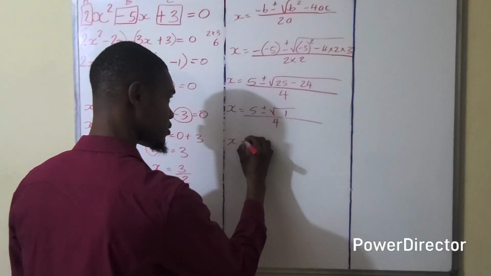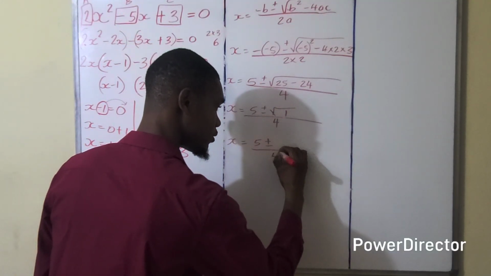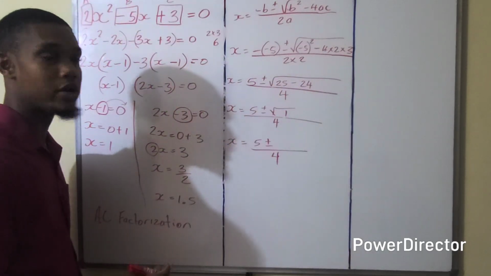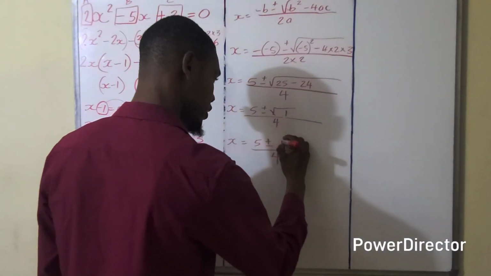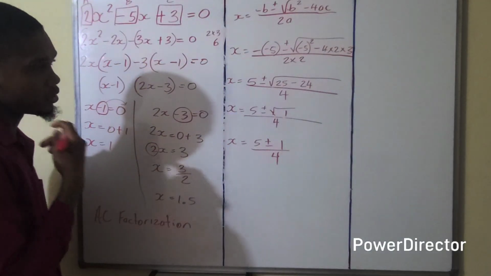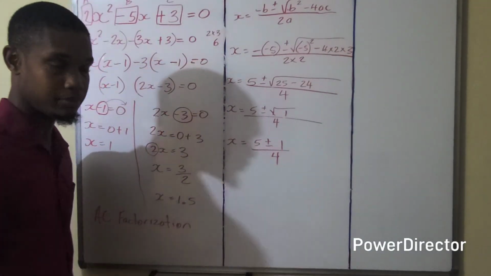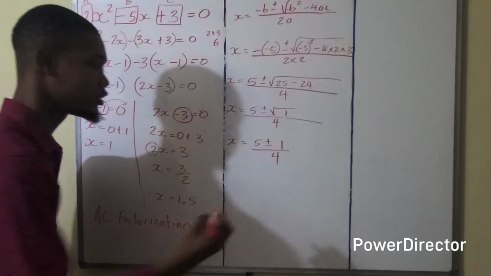So x equals 5 plus or minus, and you work out what the square root of 1 is, and that would be 1. Now, when you get here, you have 2 things alone at the top and 1 at the bottom. So you split your thing now.